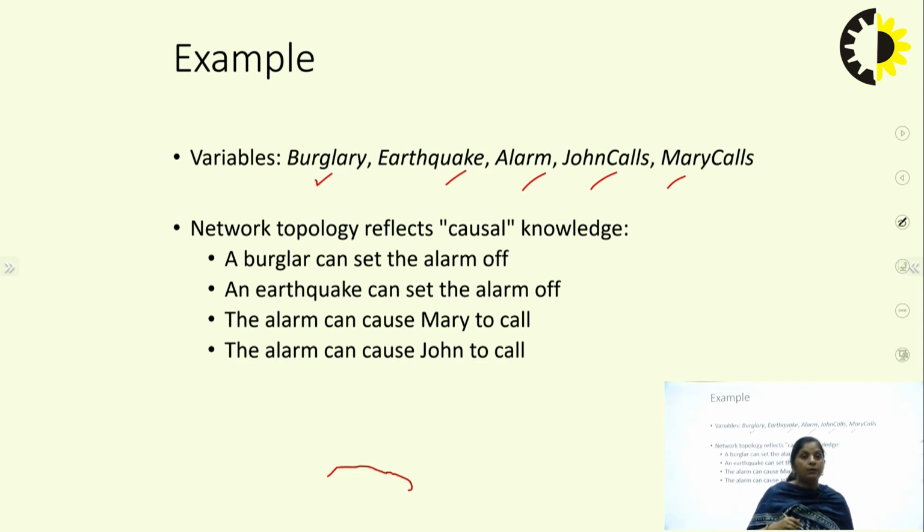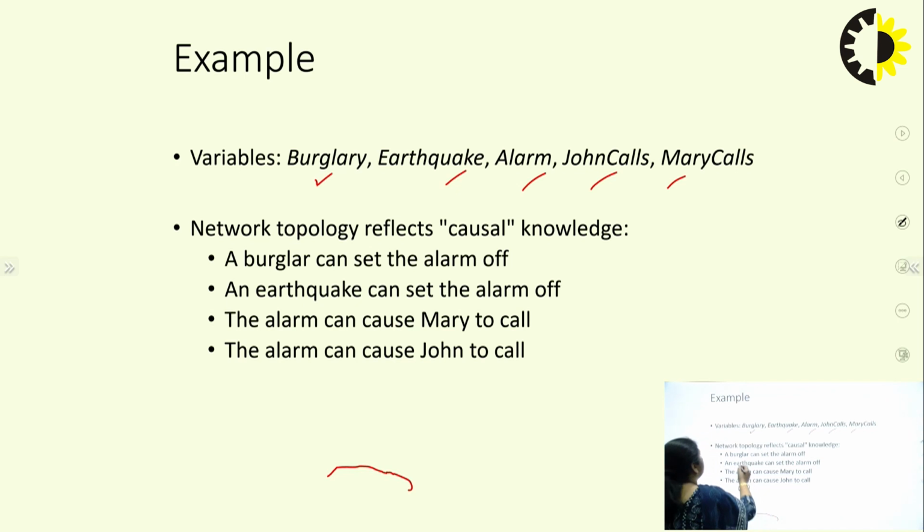The alarm will set off when there is a burglary, but it may also get set off because of some minor earthquake. So we have assumed burglary is setting off the alarm as well as earthquake. What is the causal relationship? Burglary is affecting alarm and earthquake is affecting alarm.